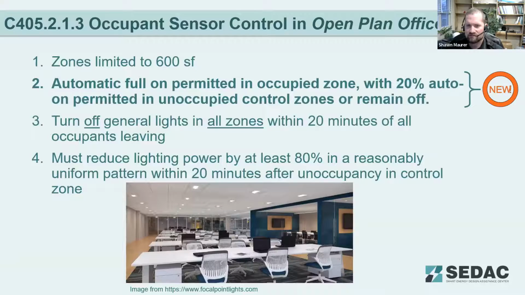So this is just kind of further clarifying that dimming is an option in these unoccupied zones and turning the lights on to a dimmer setting so that the offices, even if the individual control zone isn't occupied, some of the lighting is on for future occupants as they walk into the space. It's not completely dark for them. As long as somebody has entered in one of the open plan office areas and is occupying that space.